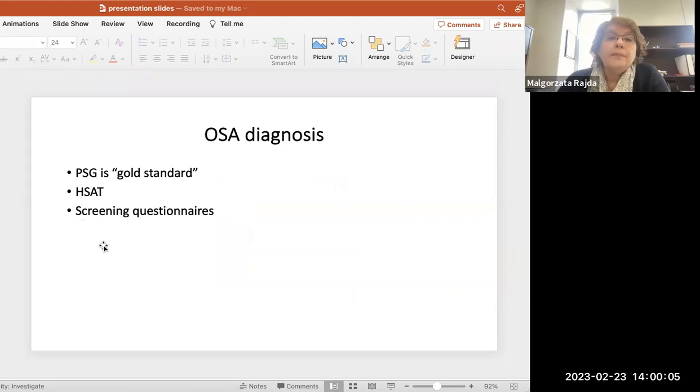So it is common. In the diagnosis of obstructive sleep apnea, polysomnography is considered the gold standard. But in patients who do not have significant comorbidity, who are otherwise fairly healthy and have high pre-test probability, a home sleep study is perfectly appropriate and can serve to confirm the diagnosis.